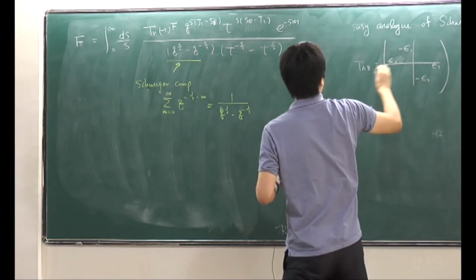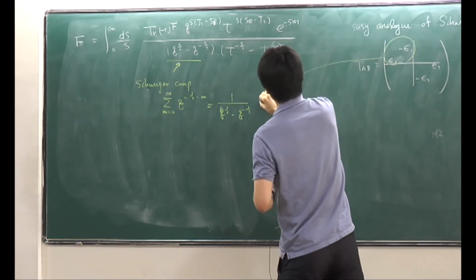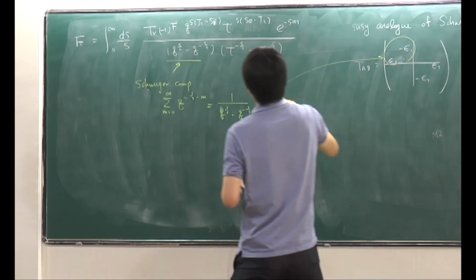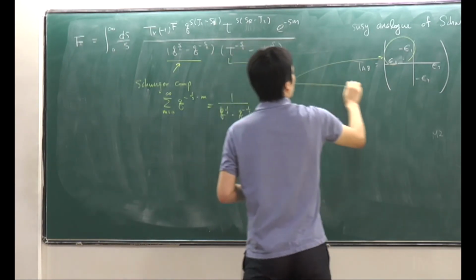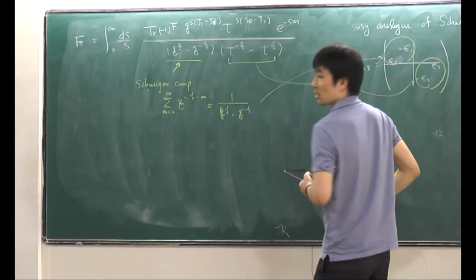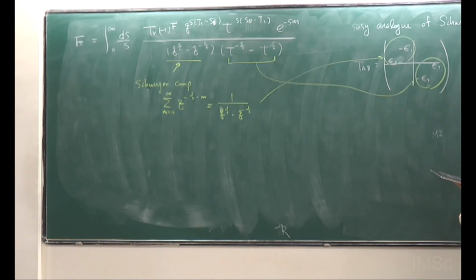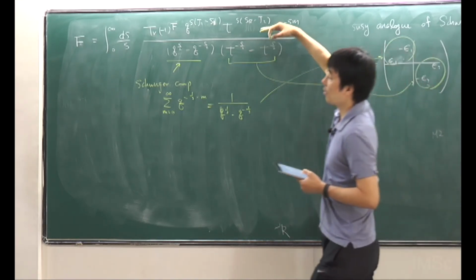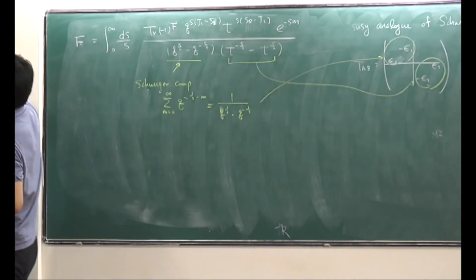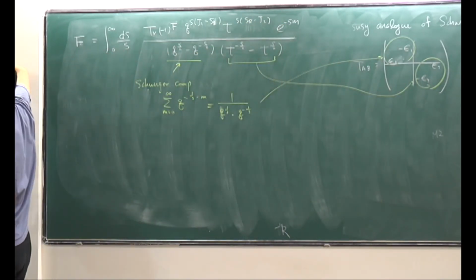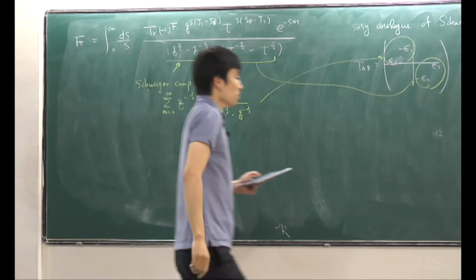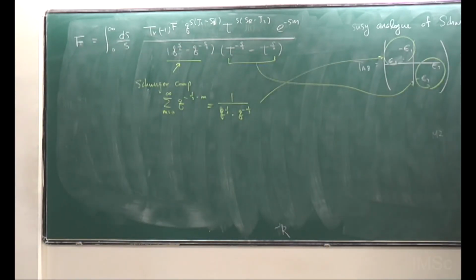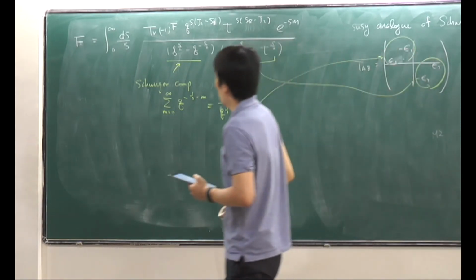This part comes from this plane. And the other plane, this part is coming from this plane, if you do the same computation. And the denominator comes from the other, the massive BPS particle.